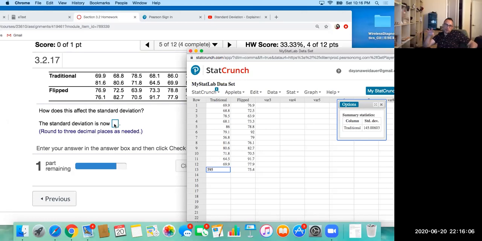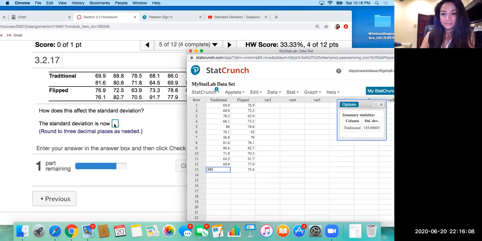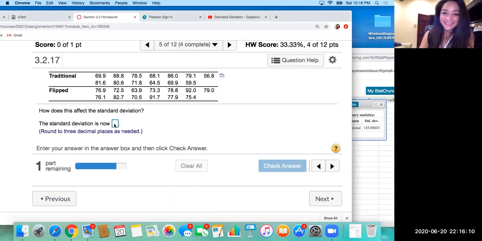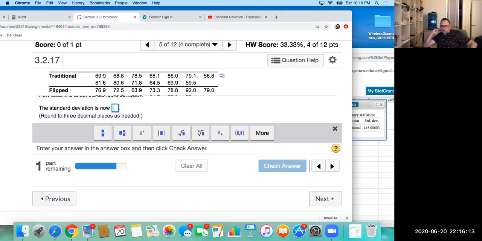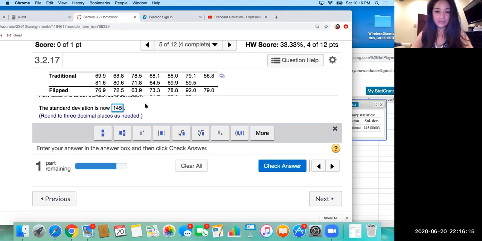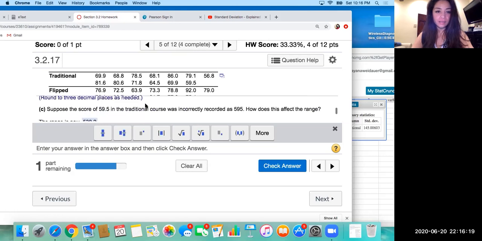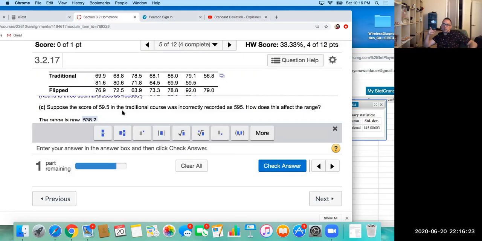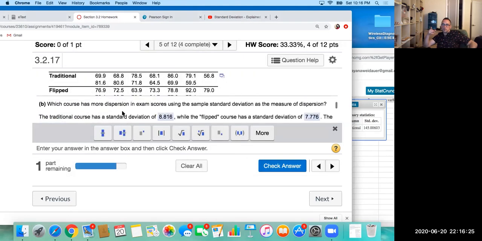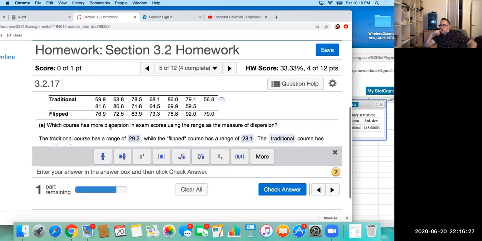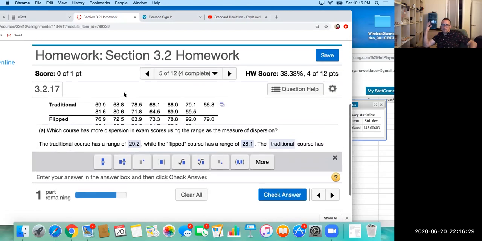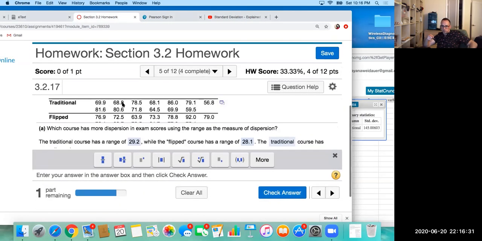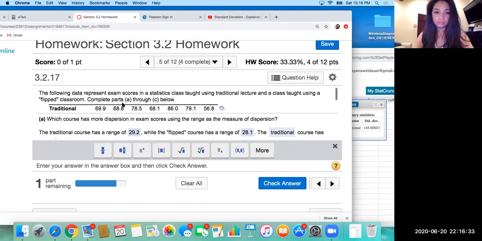I didn't carefully read the original question, but if I was doing it, I'd probably go read it. It's just asking, suppose the score changes. But what was the original question? Go to the top part, click traditional on the top, and then scroll up.